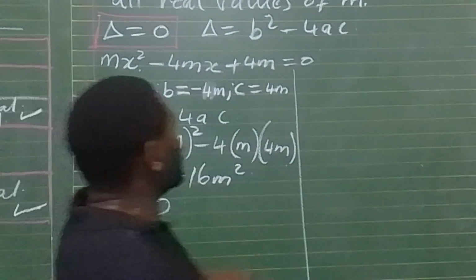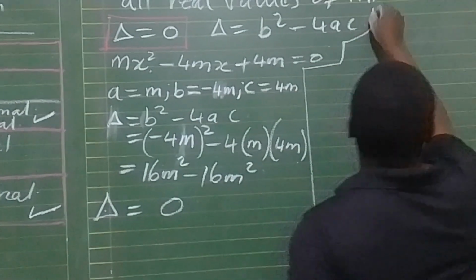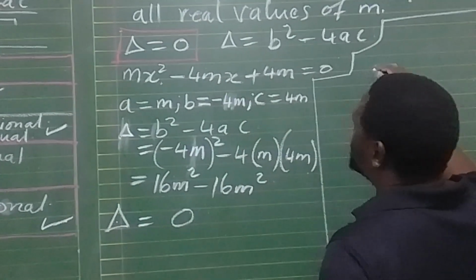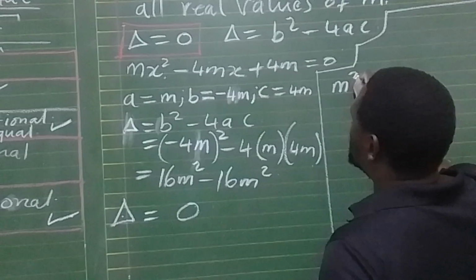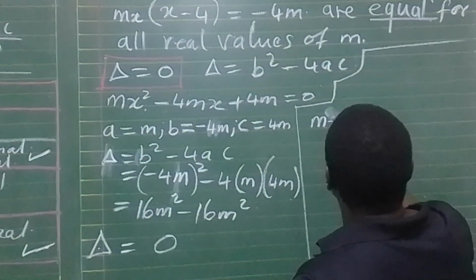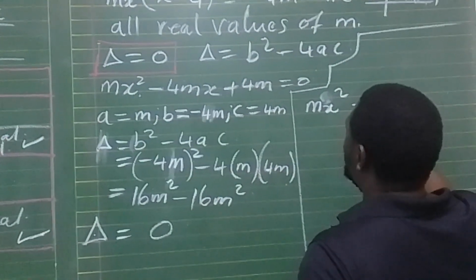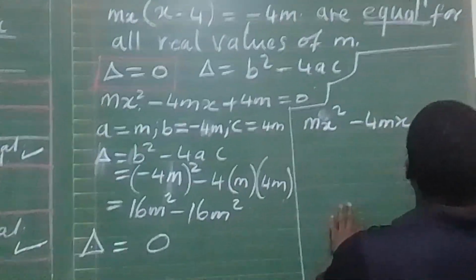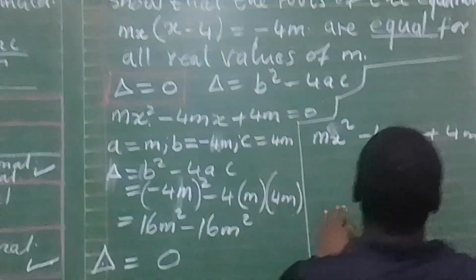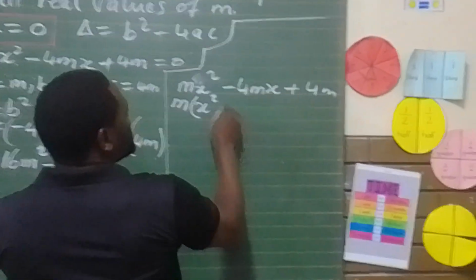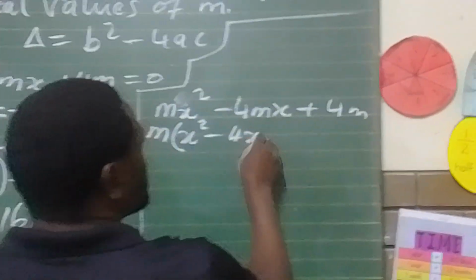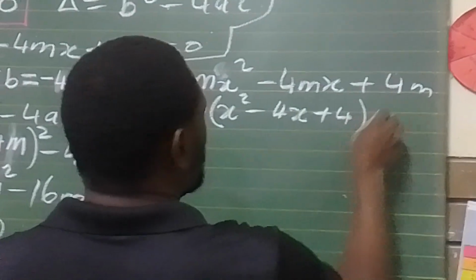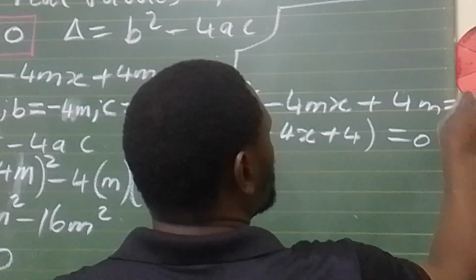Someone can say, rather, I don't want to work with the value of m. I just want to grab mx squared minus 4mx plus 4m. You take out the common factor m, you are left with x squared minus 4x plus 4 is equal to 0.